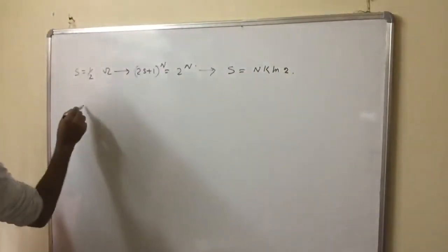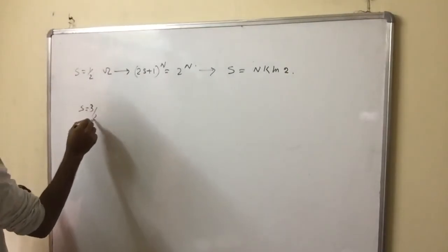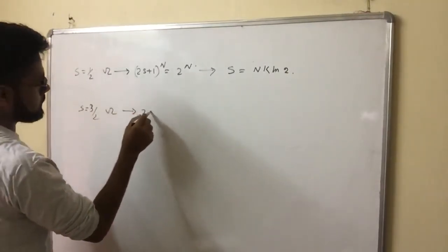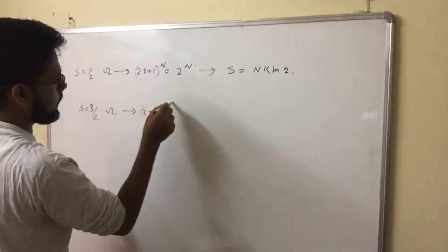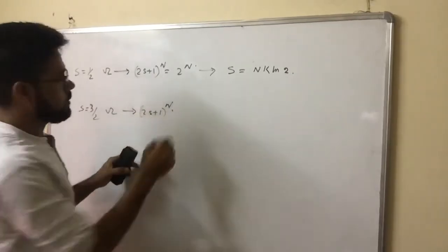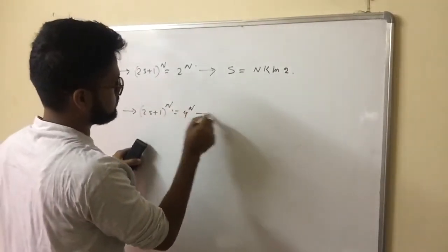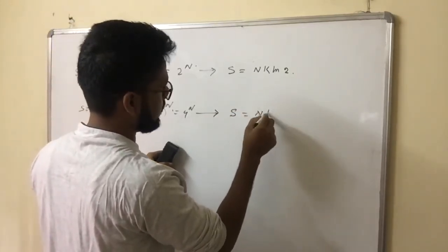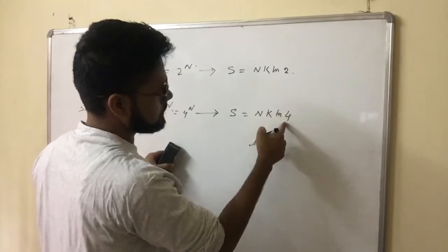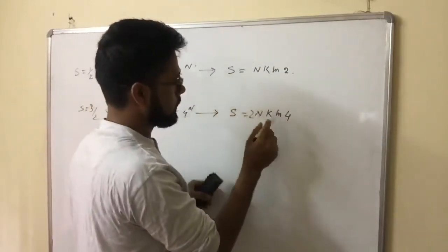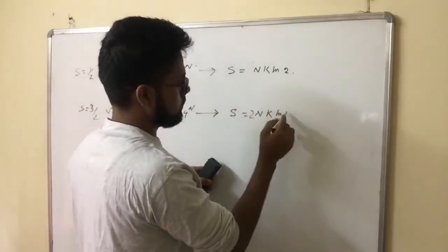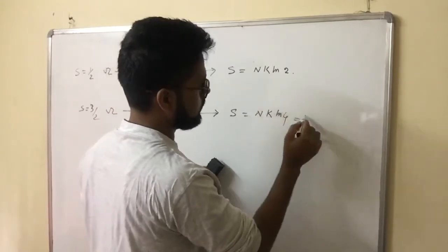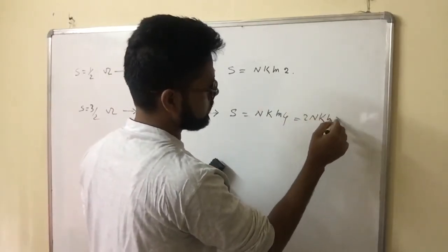Suppose for a spin 3/2 particle, omega equals (2s+1)^n, which is 4^n, so S equals n k ln 4. 4 means 2 squared, so you can replace it with 2 n k ln 2.